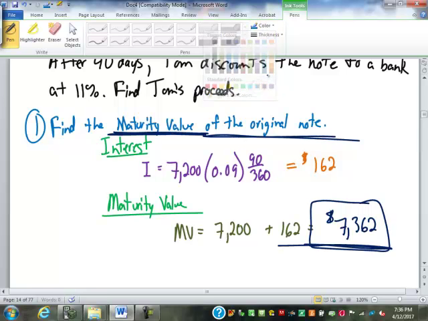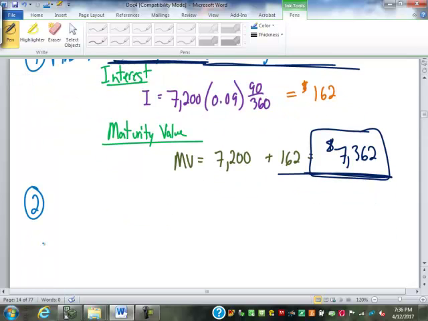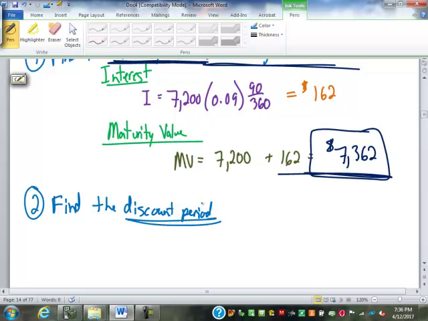Step 2. We need to find the discount period. Haven't really used that term yet.